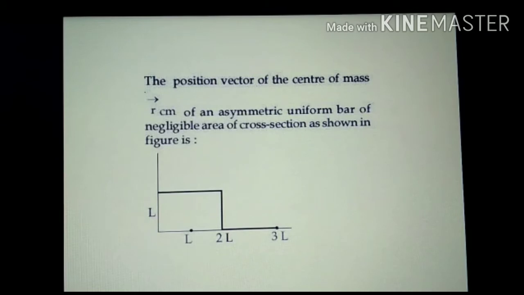Actually, I will tell you the center of gravity concept. You have a pen in your hand and you want to balance it with a single finger. Then what will you do? Definitely, if the pen is of uniform mass, your finger will be in the middle of the pen. Then only it will not fall.